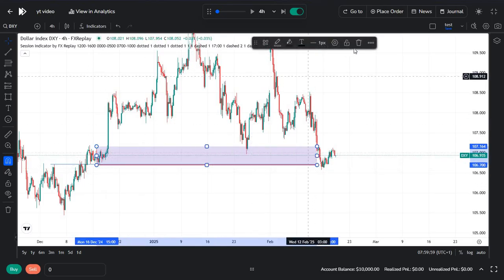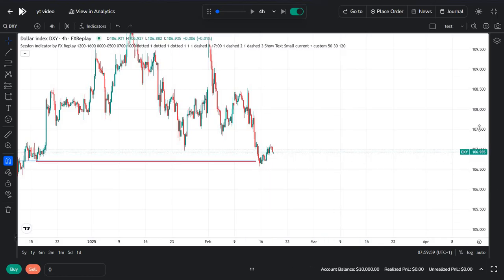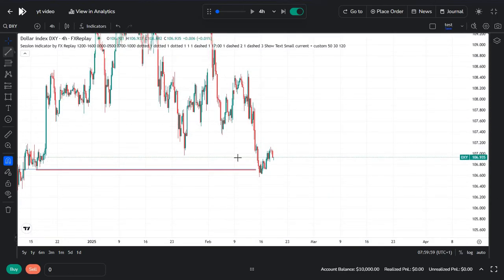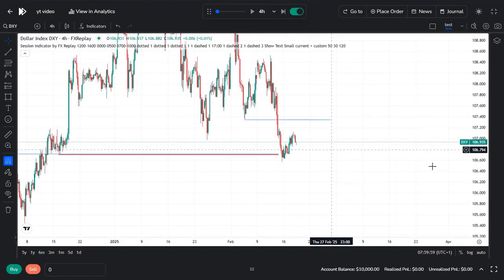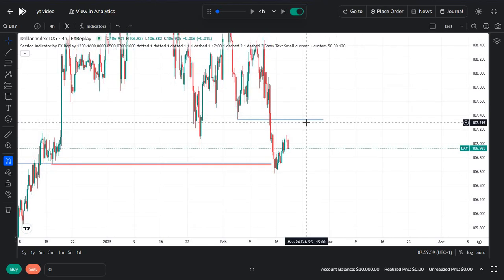So there's liquidity underneath. On the other side, I see efficiency here. So what you want to do is repair liquidity on both sides. You want to see liquidity get taken on one side and getting liquidity in your favor to the trade, to the direction you're trying to trade.